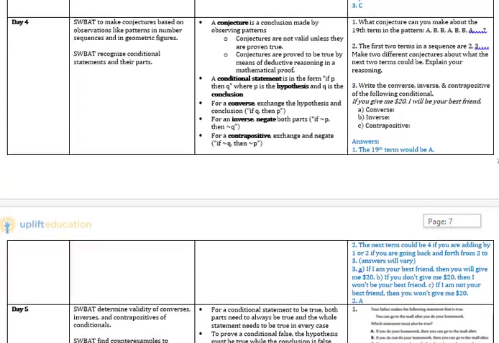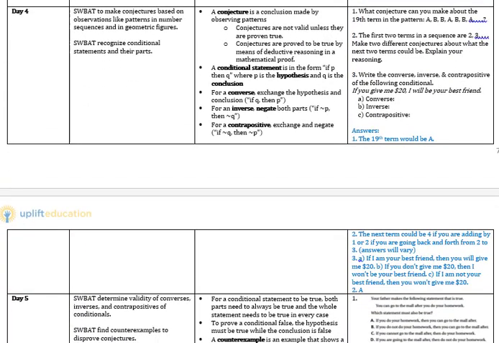Moving on to day 4, we have logic. I highly suggest in day 4 that you use simple statements, probably ones that don't have to do with geometry, to teach converse, inverse, and contrapositive. For example, the one I gave you earlier: if the animal has stripes, then it's a zebra. Is that true or false?